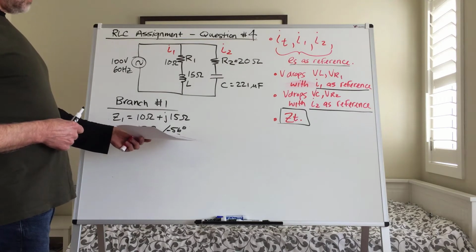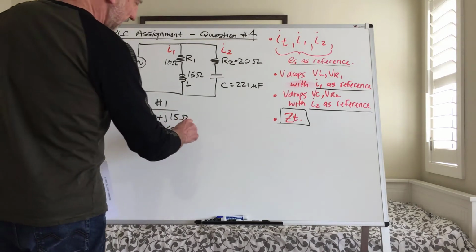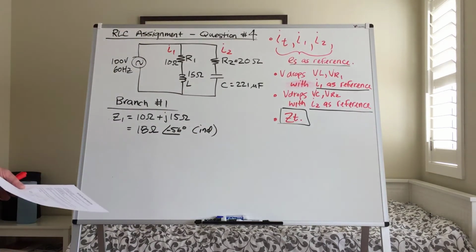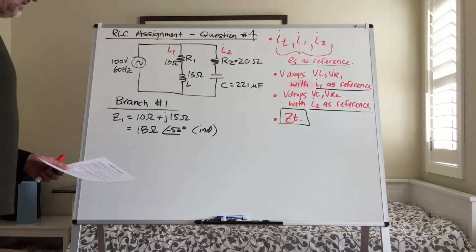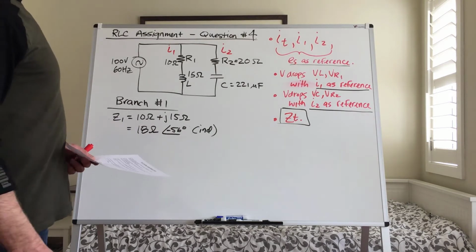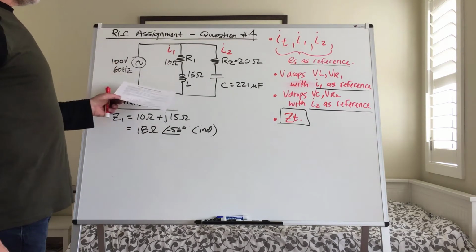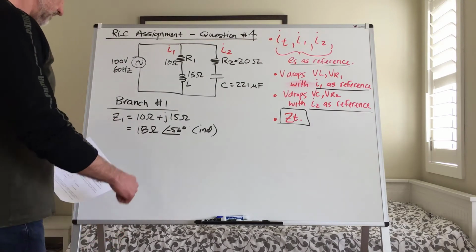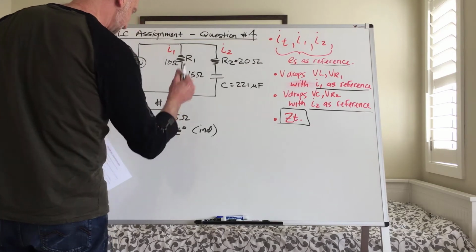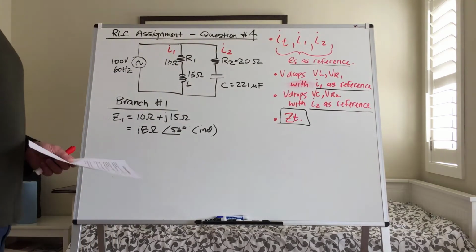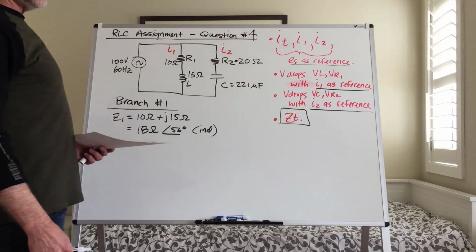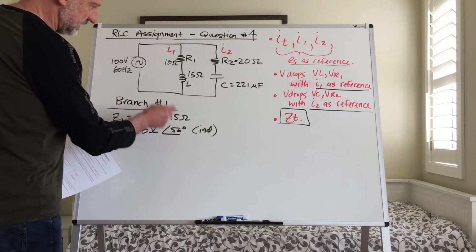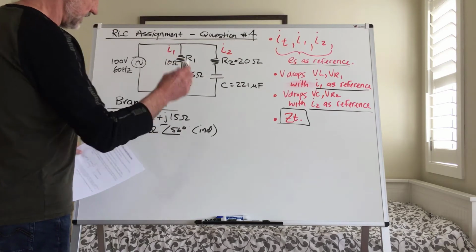If you just called this 56 degrees, somewhere along the line you'd have to indicate that it was inductive, so you'd understand that it was a lagging current when you were doing any kind of further analysis. So in my case, I just put minus 56 degrees in there to indicate that, sorry, that should be a plus 56 degrees. Okay, well, this may end up on the blooper reel instead of solutions here, but yeah, sorry, the impedance is plus 56 because we have a plus j component.